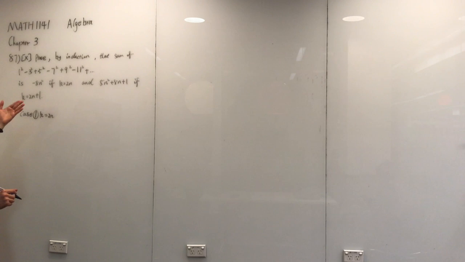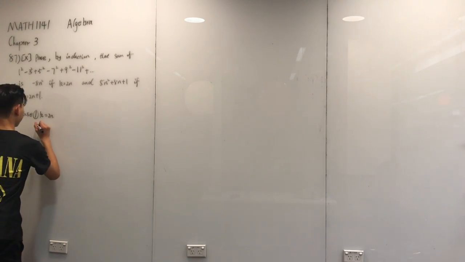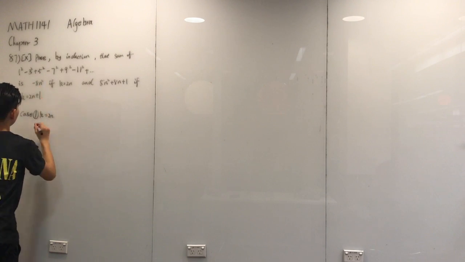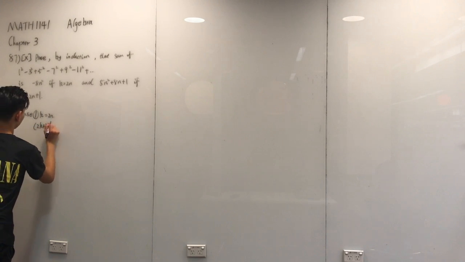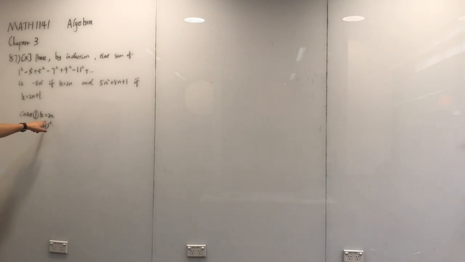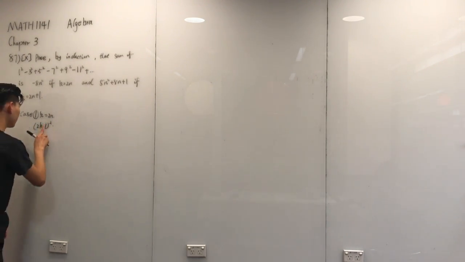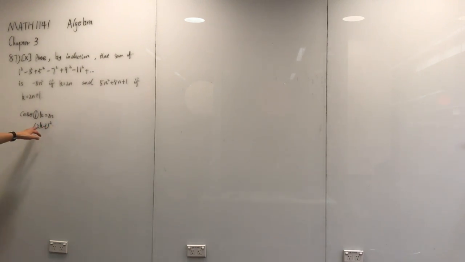So the last term of this series will be 2k minus 1 squared, right? Because if n equals 1, k will be 2, and this will be the second term. So what's the value of the second term? It will be 2k minus 1, so 2 multiplied by 2 minus 1, which is 3 squared, right?